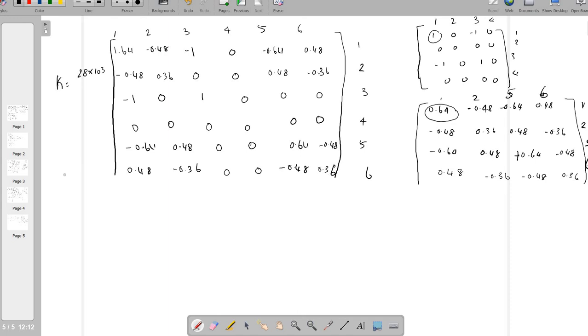Next I am going to formulate the equilibrium equation.